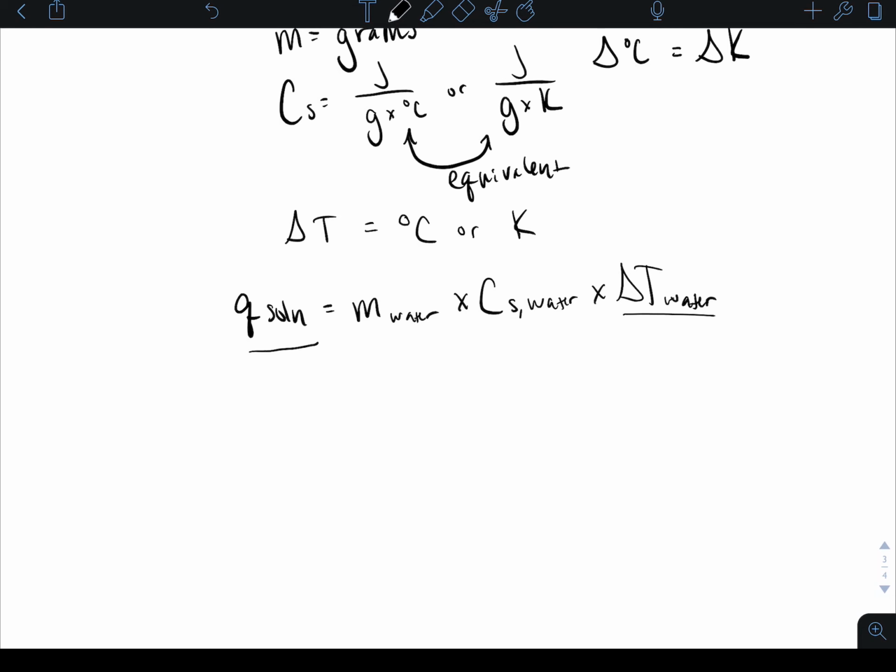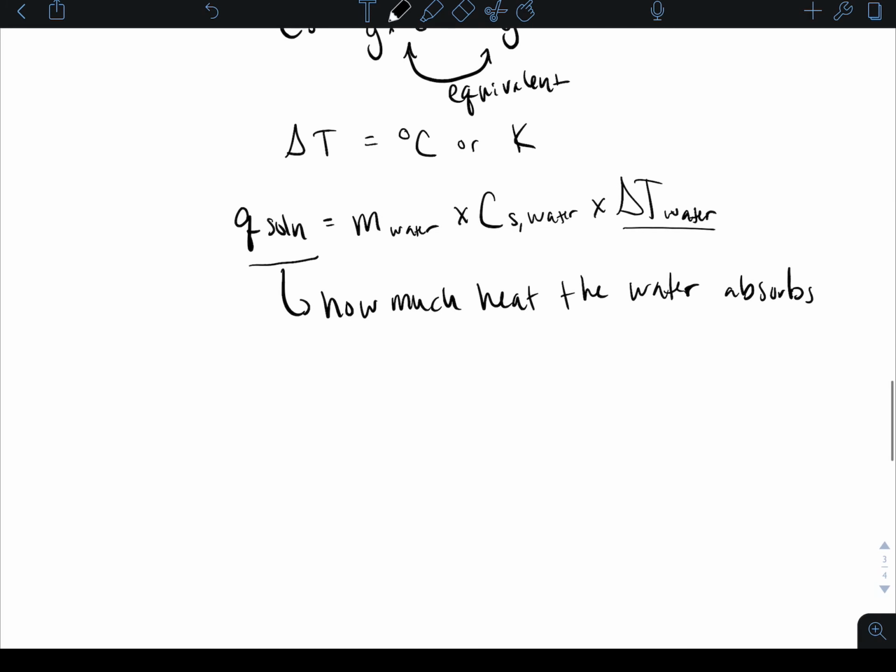After we figure out how much heat the water absorbs, we can then relate it back to our substance itself. So our Q of our solution will be equal to the negative of the Q of our reaction.